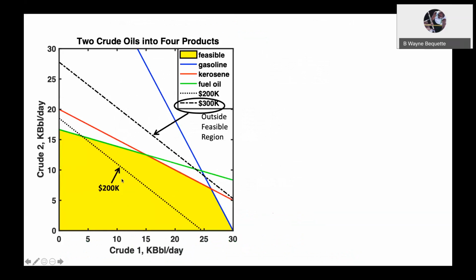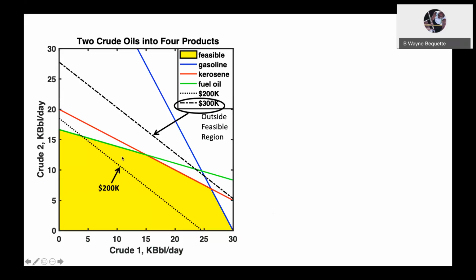This bottom line represents a net revenue of $200,000, and this dashed line at the top represents a net revenue of $300,000. But notice it does not satisfy any of those constraints, whereas the $200,000 line satisfies the constraints, but it's clearly not maximizing the net revenue.